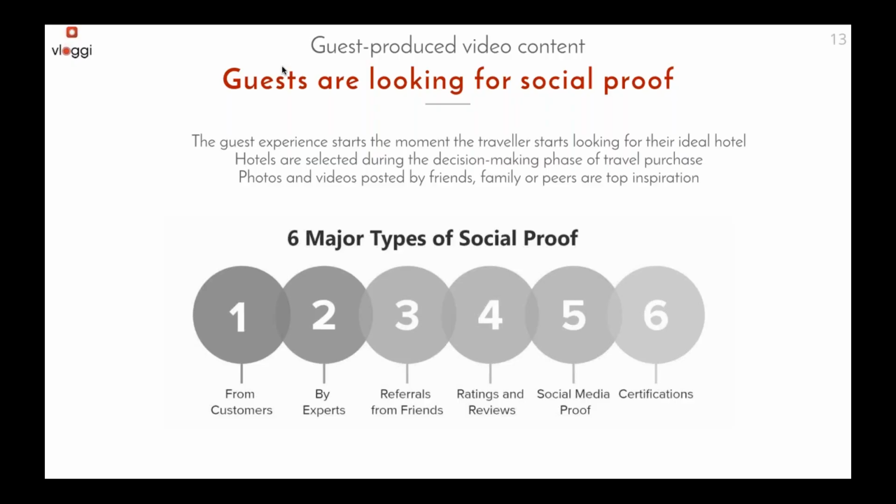And of course, we all know that hotels are selected during the decision-making phase of the purchase. Authentic photos and videos posted by friends, family or peers are really top inspiration. We have listed here 6 major types of social proof, and the most powerful is, of course, if it comes from your customers who have experienced your product.